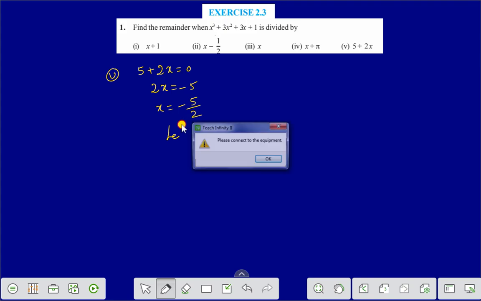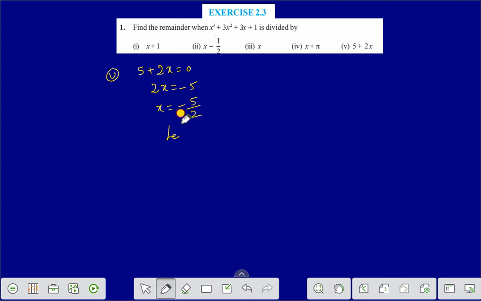Let p(x) is equal to x cube plus 3x square plus 3x plus 1.